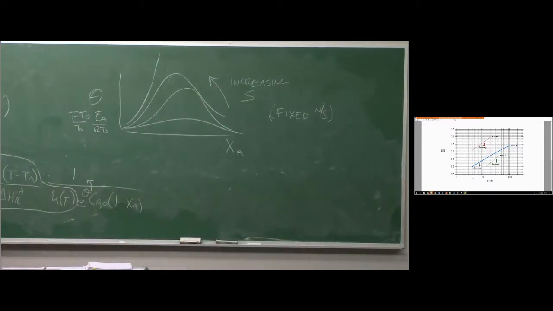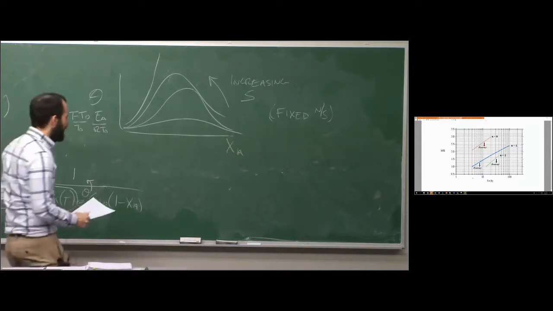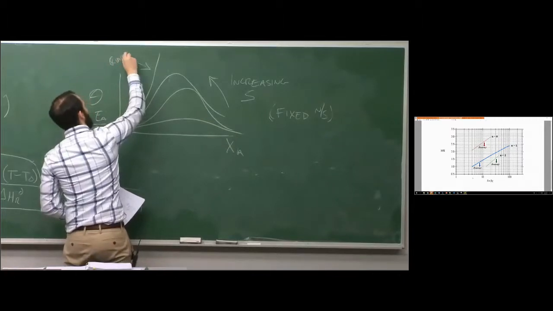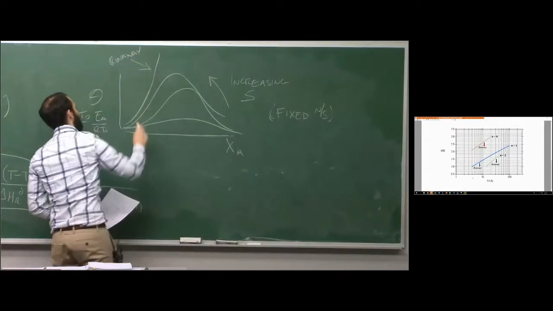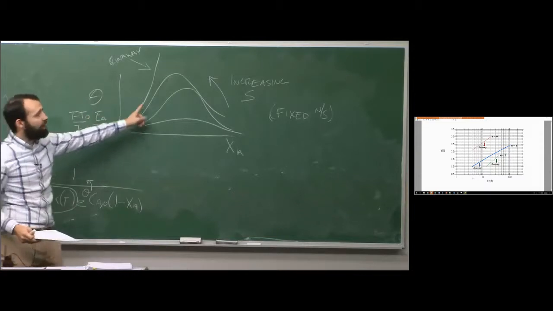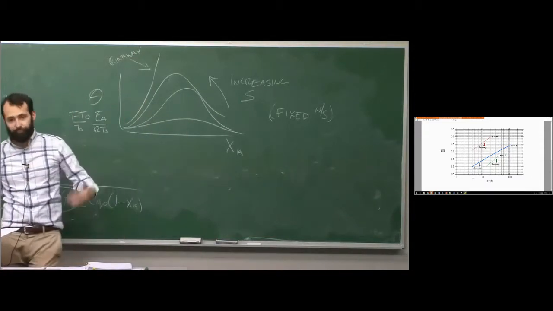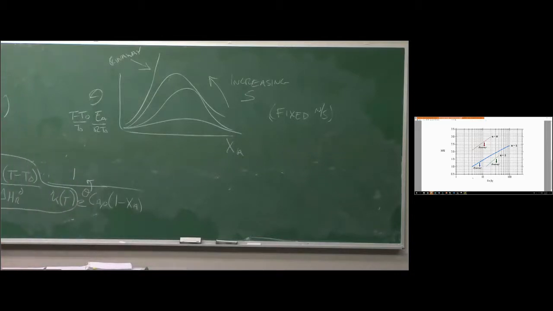So if I'm not changing N over S, but I'm increasing S, then that plot does that. And so this is our runaway. The temperature just keeps going up and up and up as the conversion increases. The temperature never comes back over, right? So that's our runaway case.